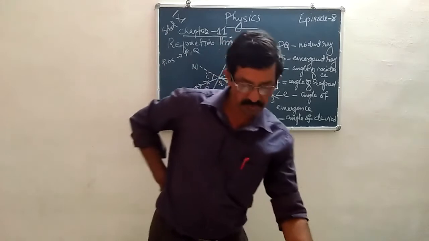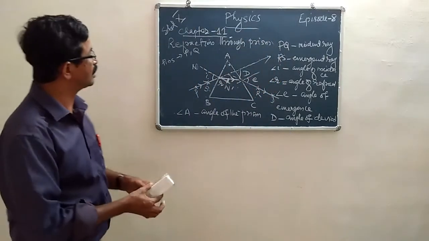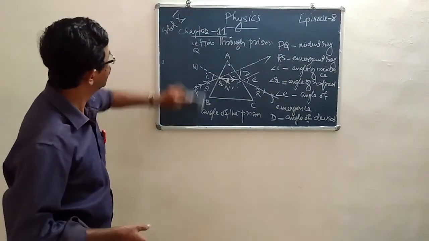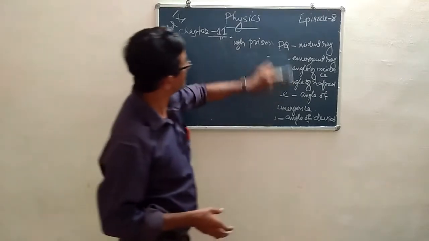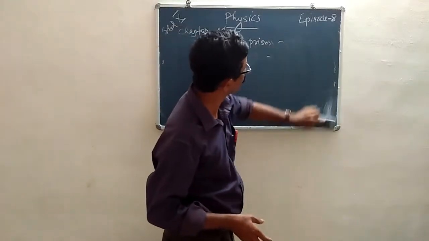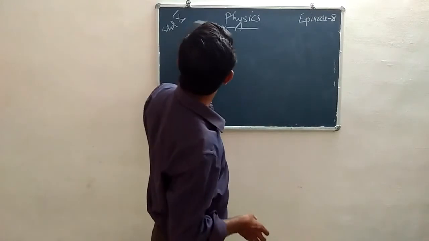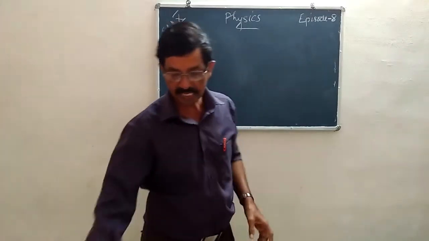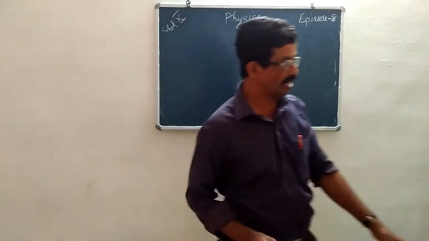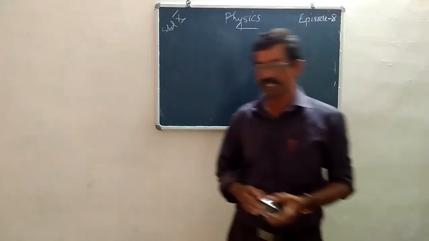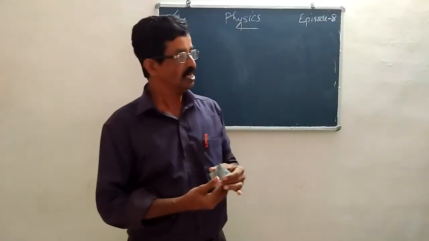Now, see how this refraction is happening when light, that means just white light, is passing through this one. For that, we are taking this arrangement. See, this triangular glass prism.